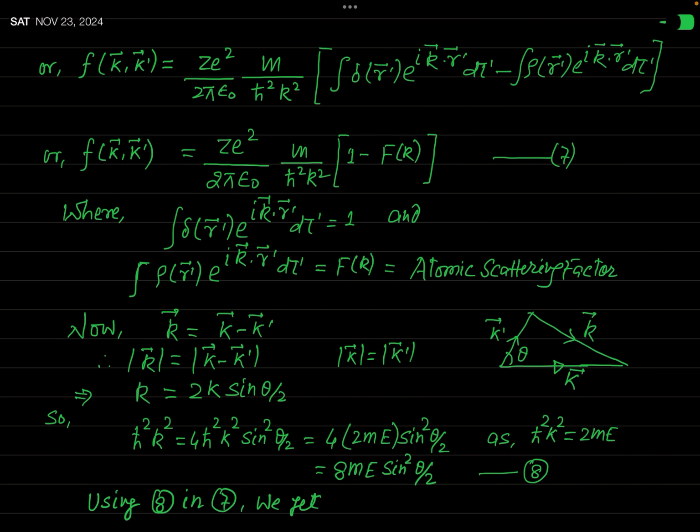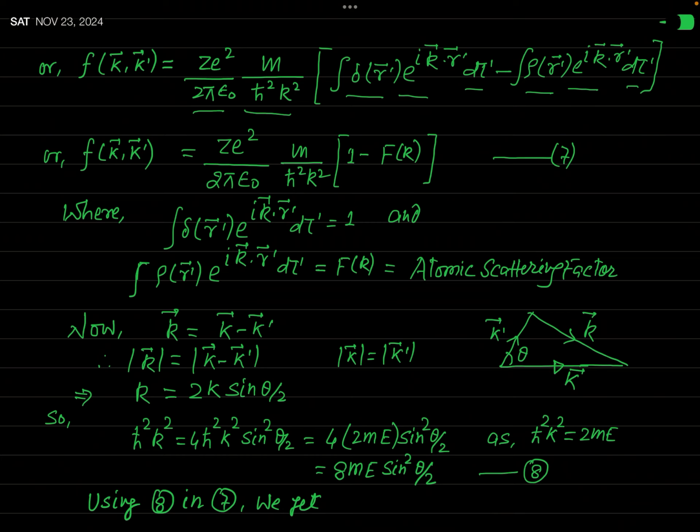You can see that this expression can be written as Ze square over 2 pi epsilon naught times m over h bar square kappa square, times the integral of delta of r dash times e to the power i kappa dot r dash d r dash, minus the integral of rho of r dash e to the power i kappa dot r dash d r dash.